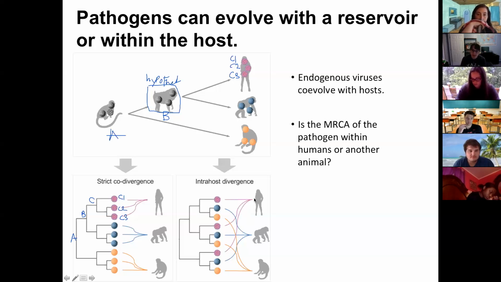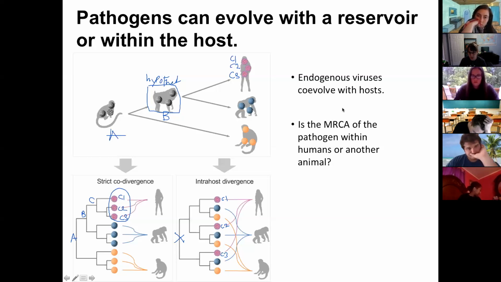Whereas in this case, what you want to point out here is that C1, C2, and C3 all have their most recent common ancestor in humans, right? Whereas here, C1, C2, and C3 are not; their most recent common ancestor is way back here, where there's change occurring in different hosts. Does that make sense?